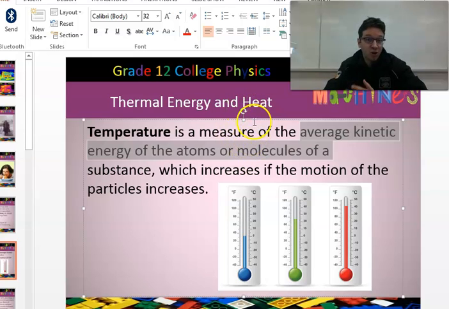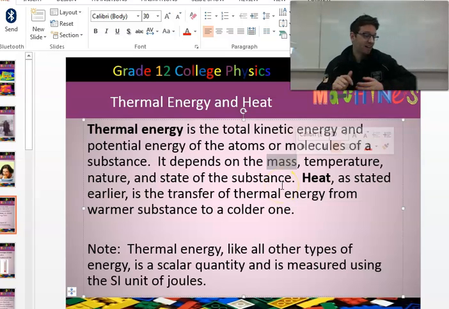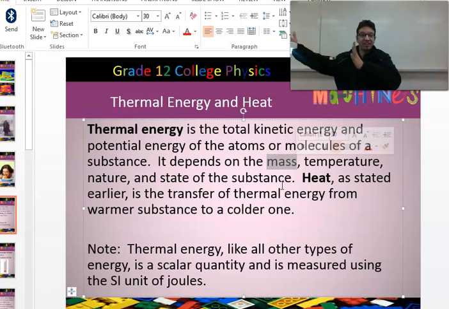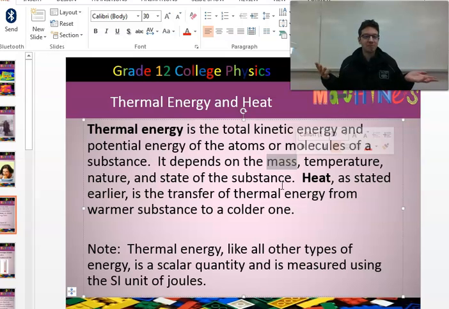If you looked at the total of it all, and not just the total kinetic energy, but that potential as well, that's thermal energy. And so it also depends on mass, like I said. So I mean, if you had, say, an iron block here and an iron block this big compared to this big, you could have them at the same temperature, even though at the same temperature, the bigger one has more thermal energy.